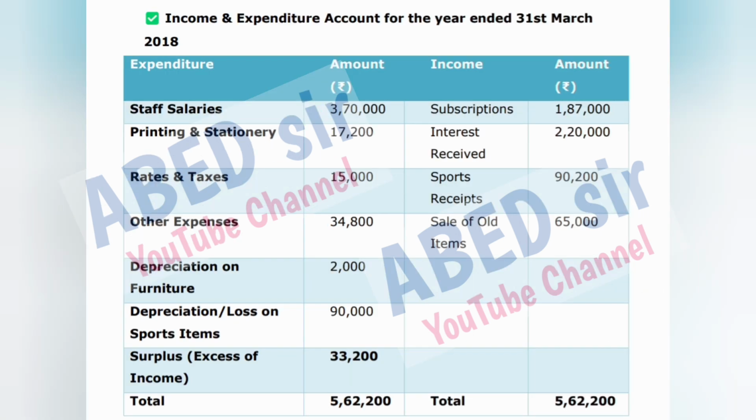Income and expenditure account for the year ended 31st March 2018.